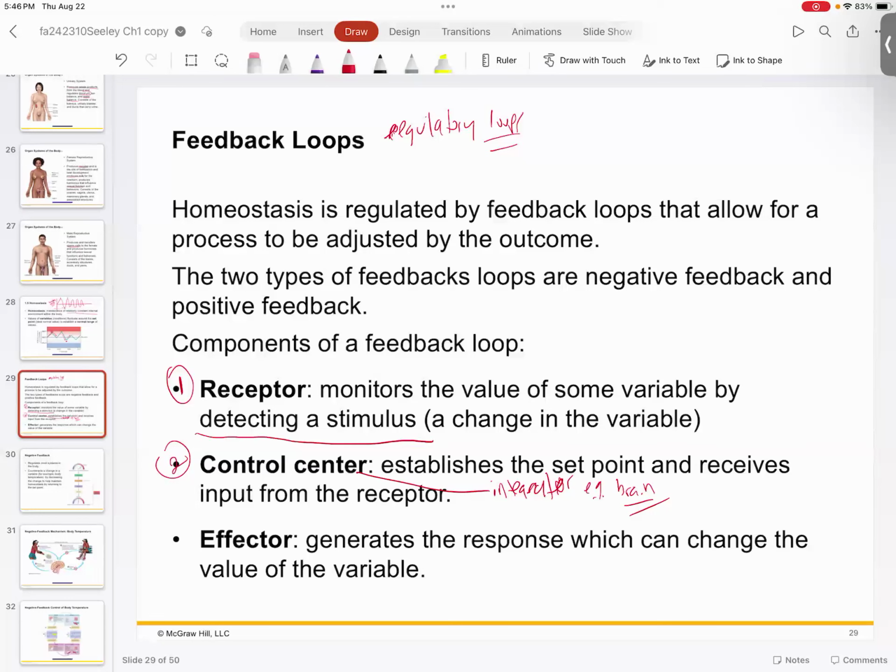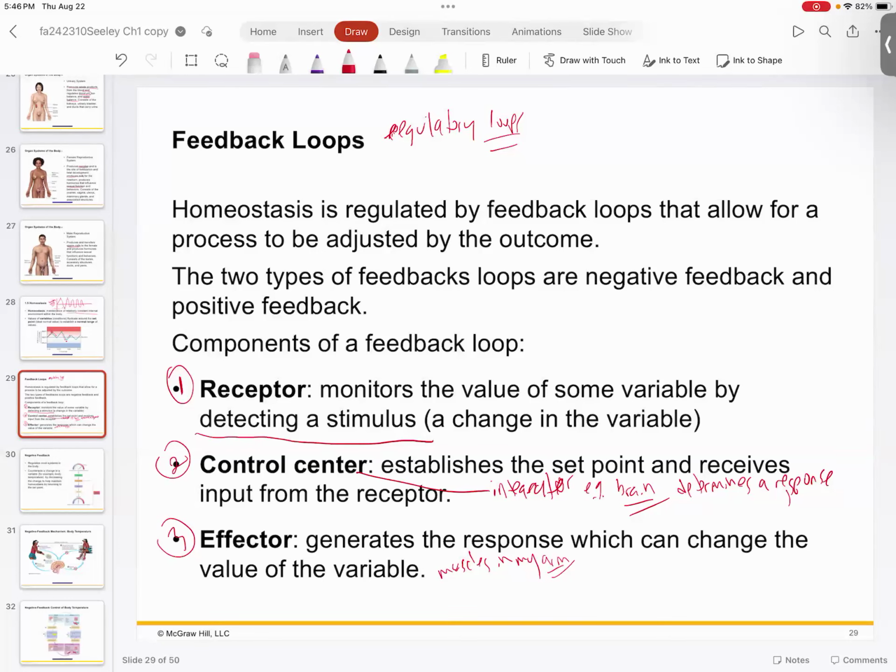It receives this input from the receptor and determines some sort of response. Then it sends that response out to the effector, which in this case is the muscles in my arm. So my brain says, listen, it's hot, you're going to burn your hand, so those muscles need to contract and pull your hand off the stove.